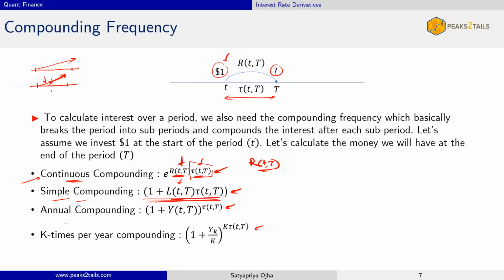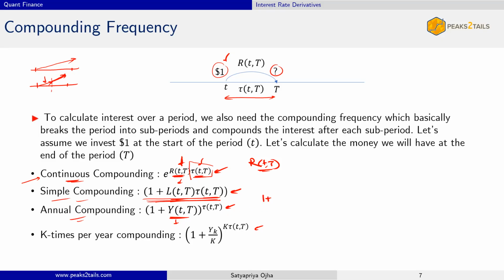Similarly, you go to annual compounding. Basically you compound after every 1 year. You break the interval in terms of years, then at the end of each year, however much money you have, in the next period you earn interest on top of that. In annual compounding, the notation I'm using is Y for the annual compounding rate, and this is the formula. This is probably very easy to understand.